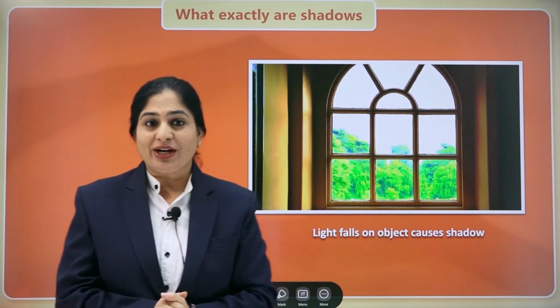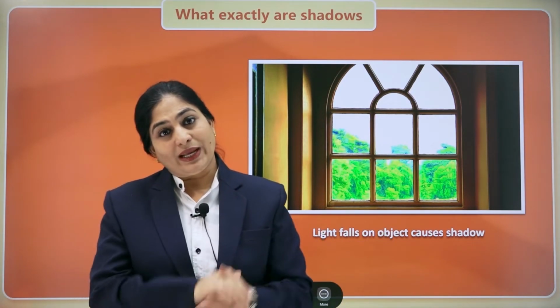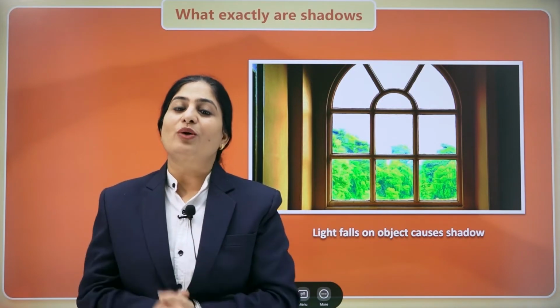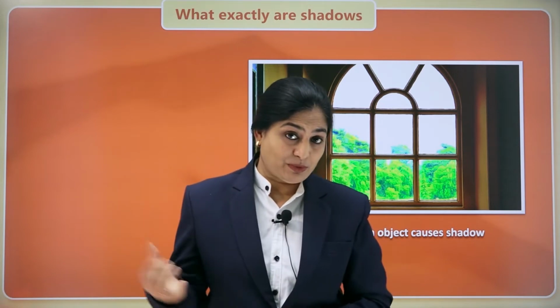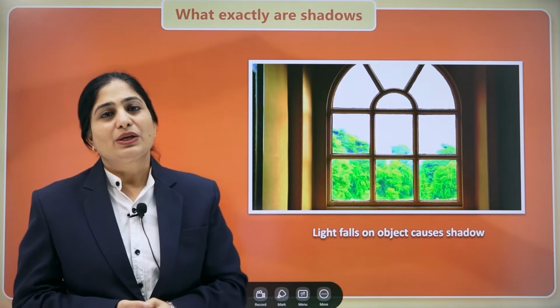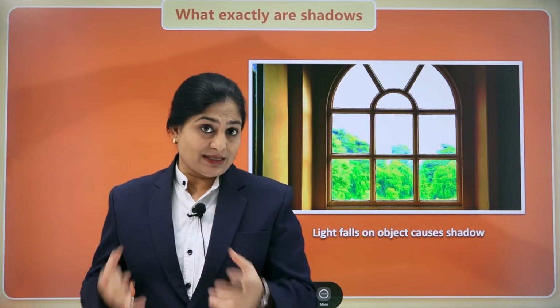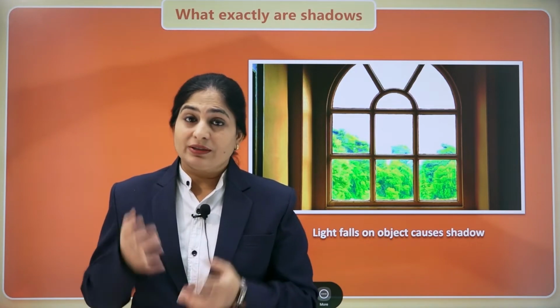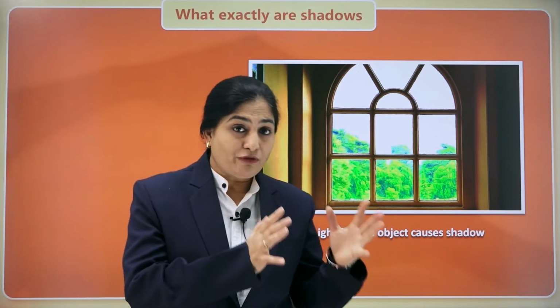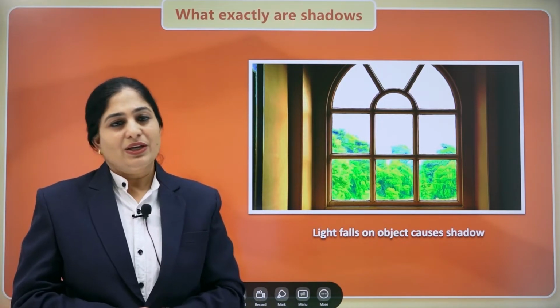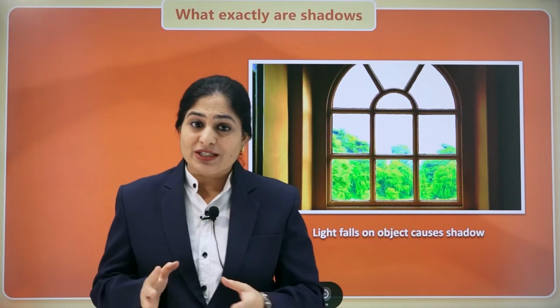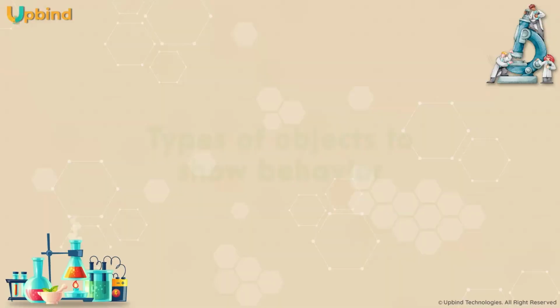This is nothing but a shadow. What happens when light falls on an object? We may have different possibilities. It may reflect light, it may absorb light, it may transmit light. In some cases, where certain objects are involved, shadow formation is observed. So a shadow is formed when light falls on an object.